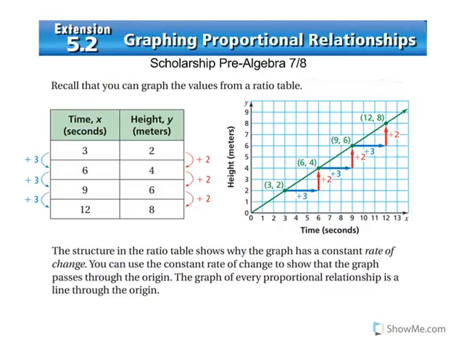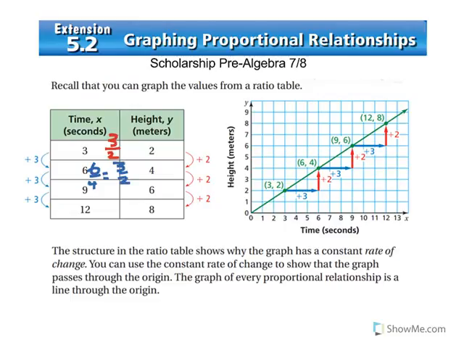I want you to look at something a little bit more closely. When I take the x values, we'll say, and I divide it by the y, I'm going to get 3 over 2. And if I do the next one, 6 over 4, that's the same thing as 3 over 2 as well.